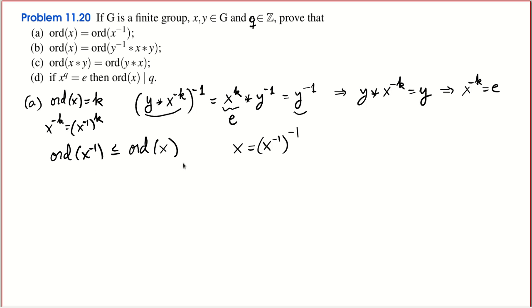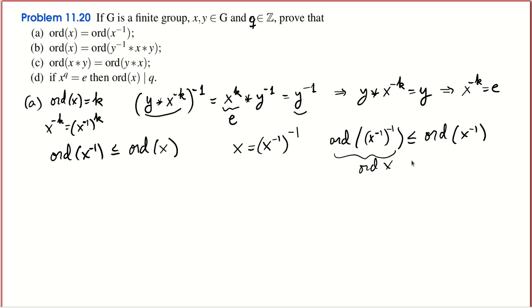So if we apply this to x to the minus 1, what we have is that the order of x is smaller than or equal to the order of x to the minus 1. This is valid for any x, so in particular, if we take x to the minus 1, this is also valid. But this is just x, so this is just the order of x. So the order of x is smaller than or equal to the order of x to the minus 1.